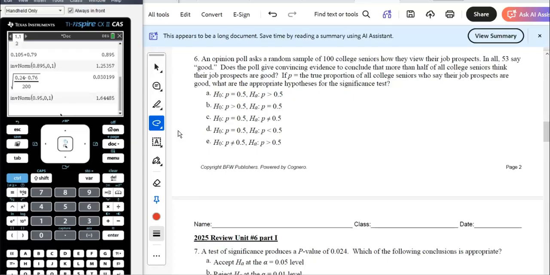I'm kind of leaning against these without even paying attention hardly when I was reading. Usually it's an equal sign for the null, so I'd be shocked if it wasn't, but nothing unusual is happening. Okay, so let's see, 53 say good.